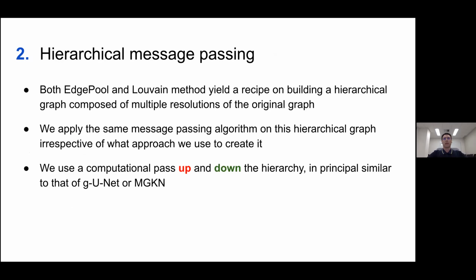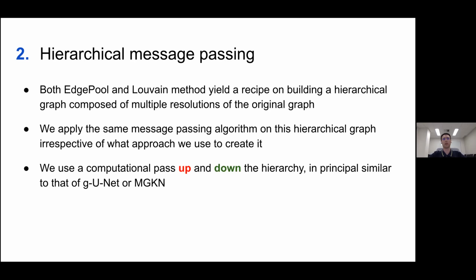So after we have the hierarchical graph, either by edge pooling or by the w.r.t method, either way, we have this kind of recipe for creating this multi-resolutional representation of the graph. We're going to apply the hierarchical message passing, and that is applicable to both graphs. So it doesn't matter whether we got the graph by using edge pooling or w.r.t.